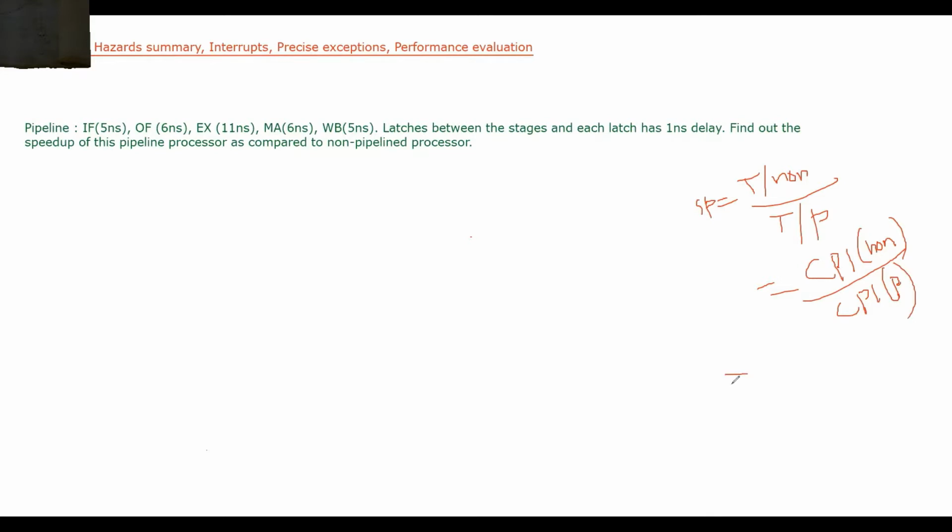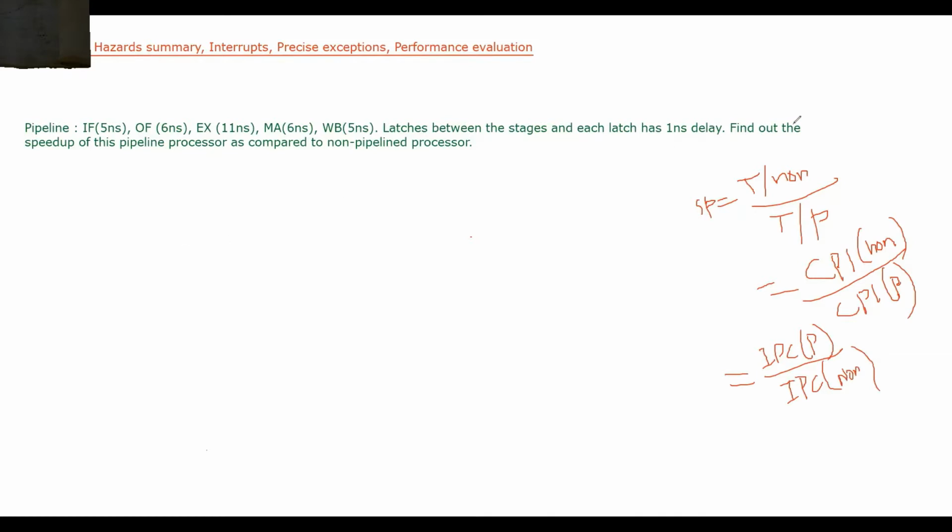Or in other words we can say IPC of pipelined divided by IPC of non-pipelined. So this is how speedup is calculated.